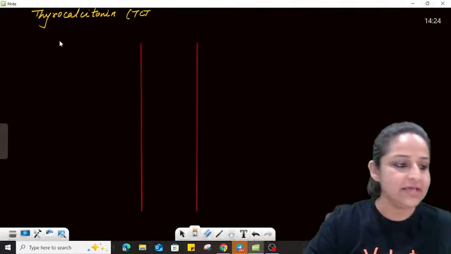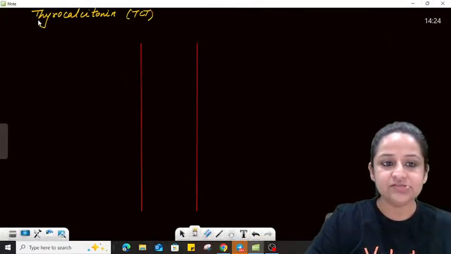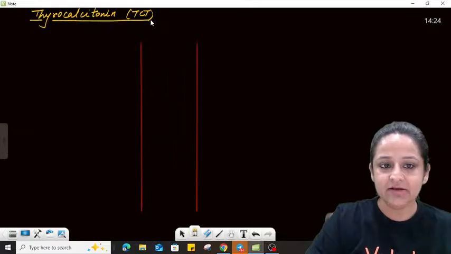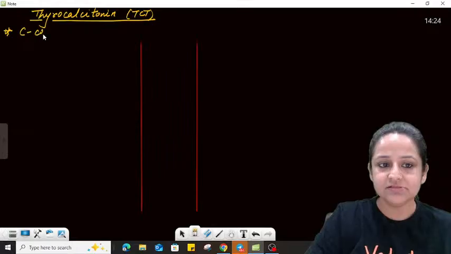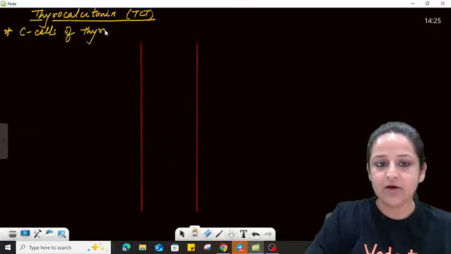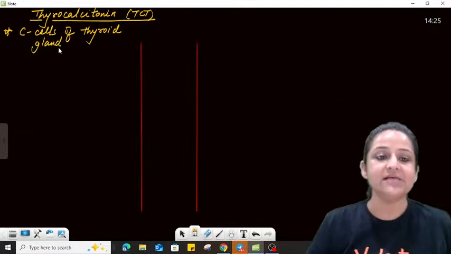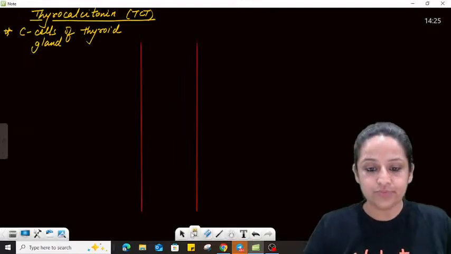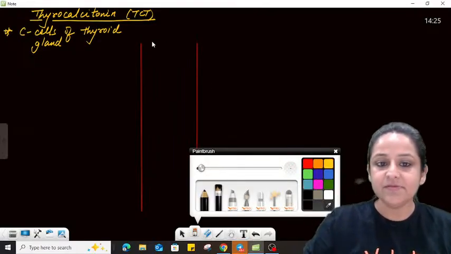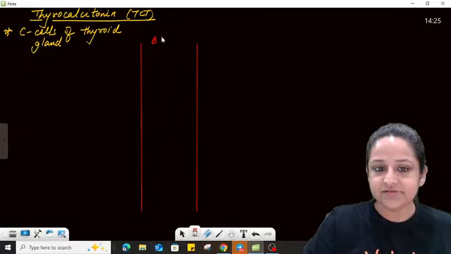And who is producing this hormone? It is produced from the C cells or parafollicular cells of the thyroid gland. Now understand what thyrocalcitonin is going to do. This is a blood vessel, so there is blood present inside.